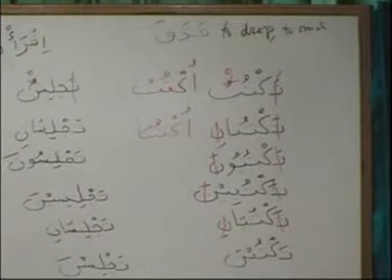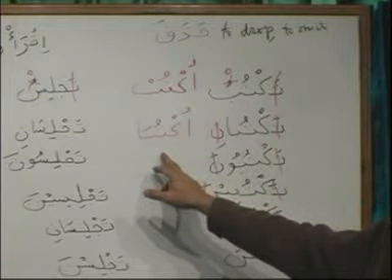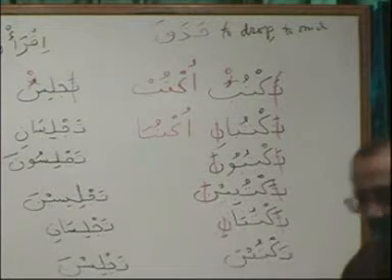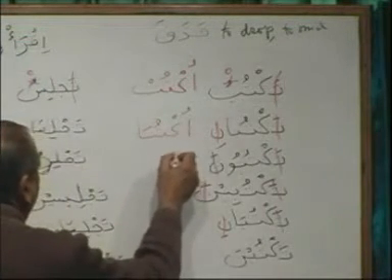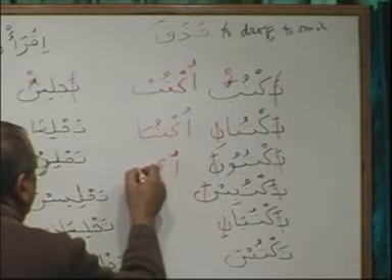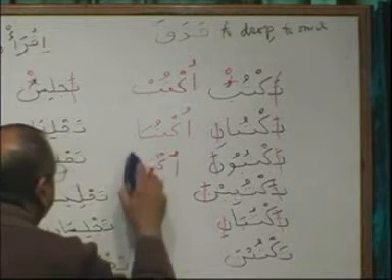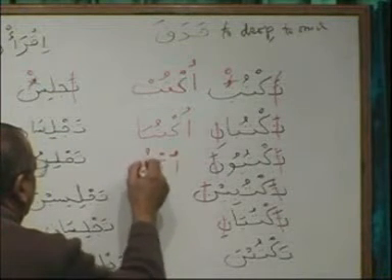So, fi'lu amrin mabniun ala hazfi noon. See, uktuba is mabni ala hazfi noon. What did you do? You dropped the noon. Sahi? Now here it will become uktubu. Are you with me?